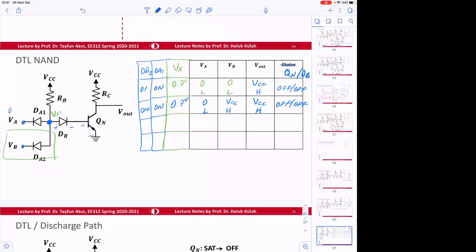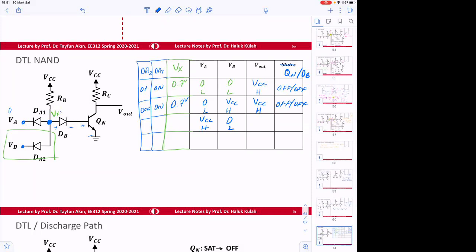Okay. So if the other way around, we apply 0 here and VCC here, so sorry, I made a mistake. If this voltage is 0 and this voltage is VCC, then this is high, this is low.